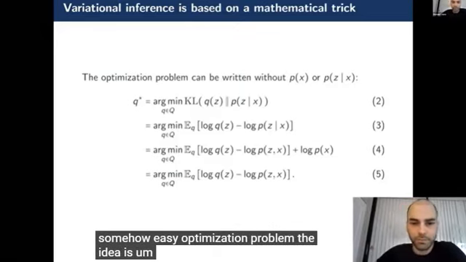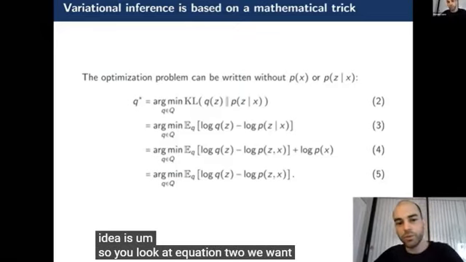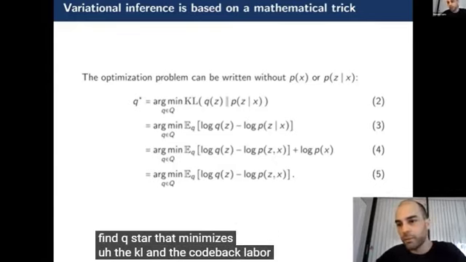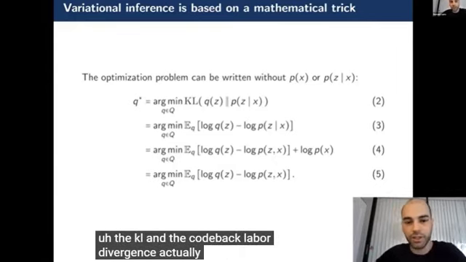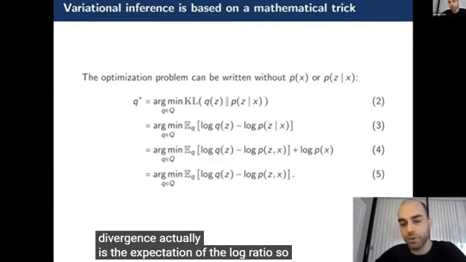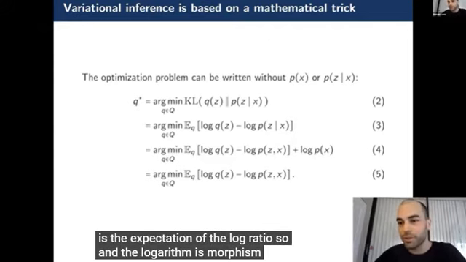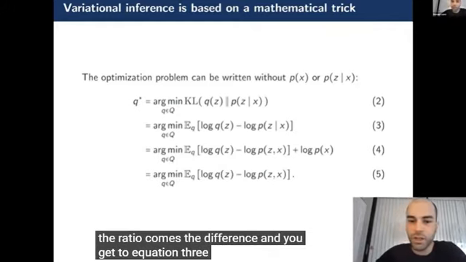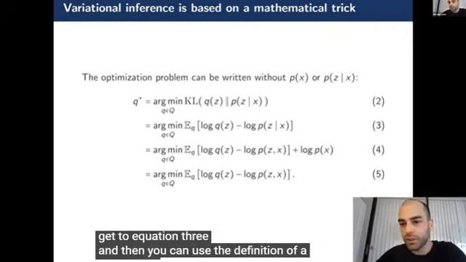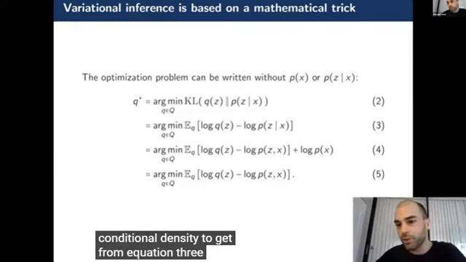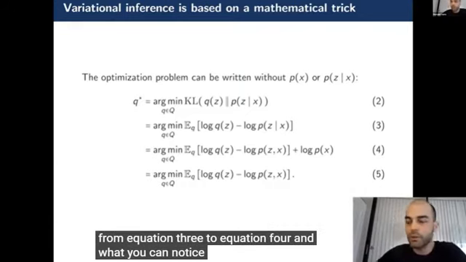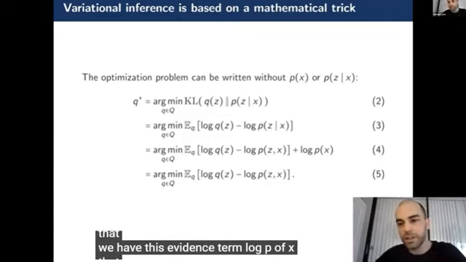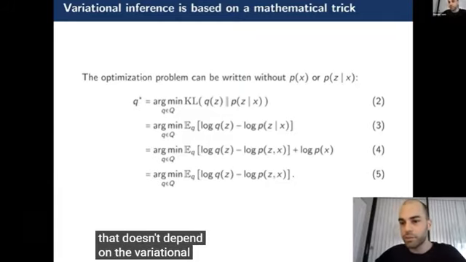So you look at equation 2, we want to find Q star that minimizes the KL, and the Kullback-Leibler divergence actually is the expectation of the log ratio. And the logarithm is a morphism, right? So the ratio becomes a difference, and you get to equation 3. Then you can use the definition of a conditional density to get from equation 3 to equation 4. What you can notice in equation 4 is that we have this evidence term, log P of X, that doesn't depend on the variational distribution.